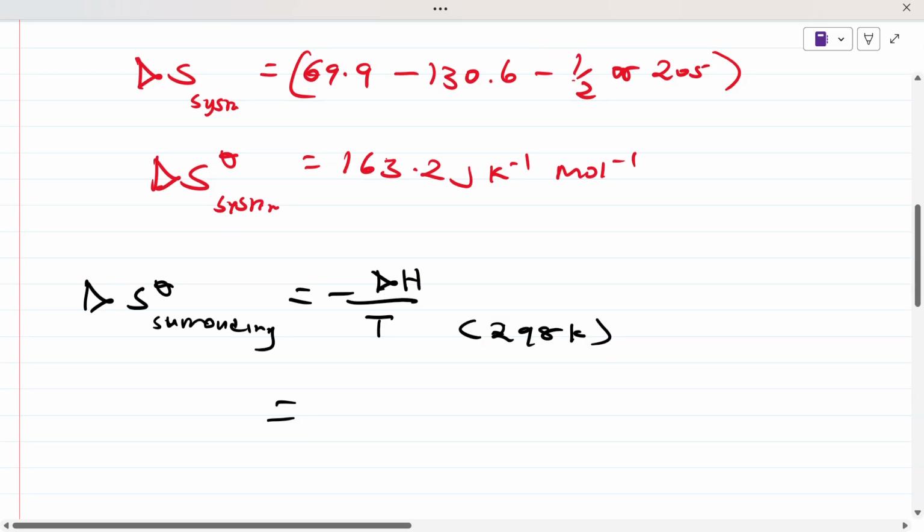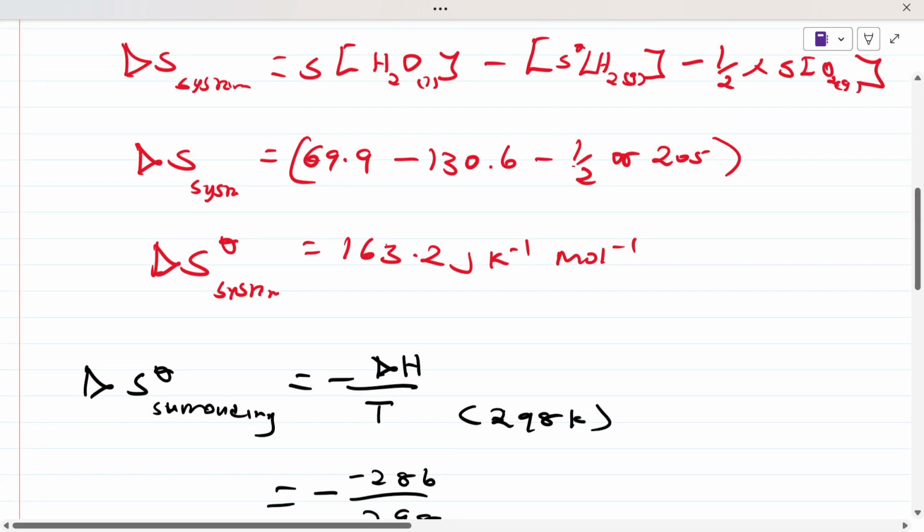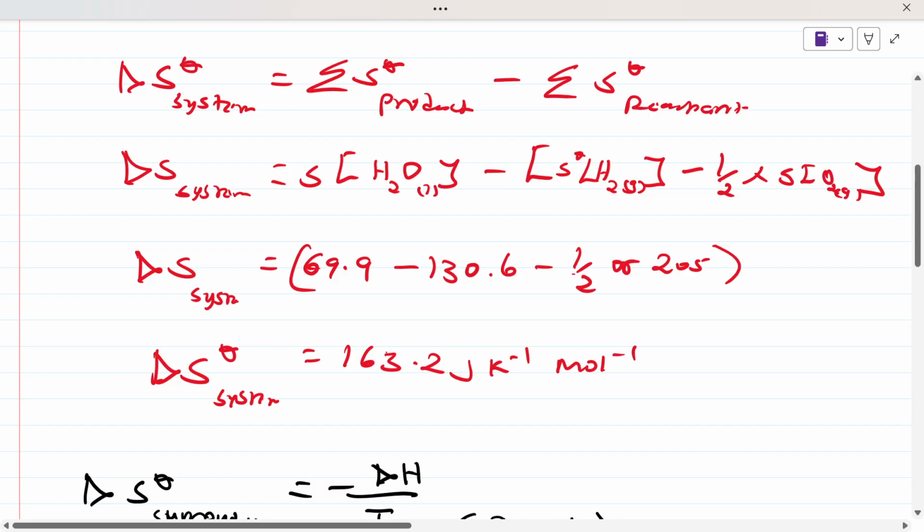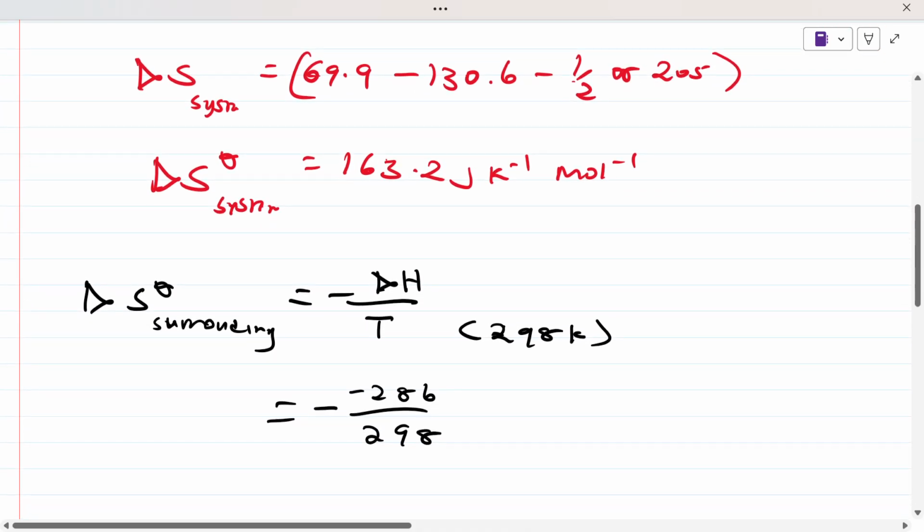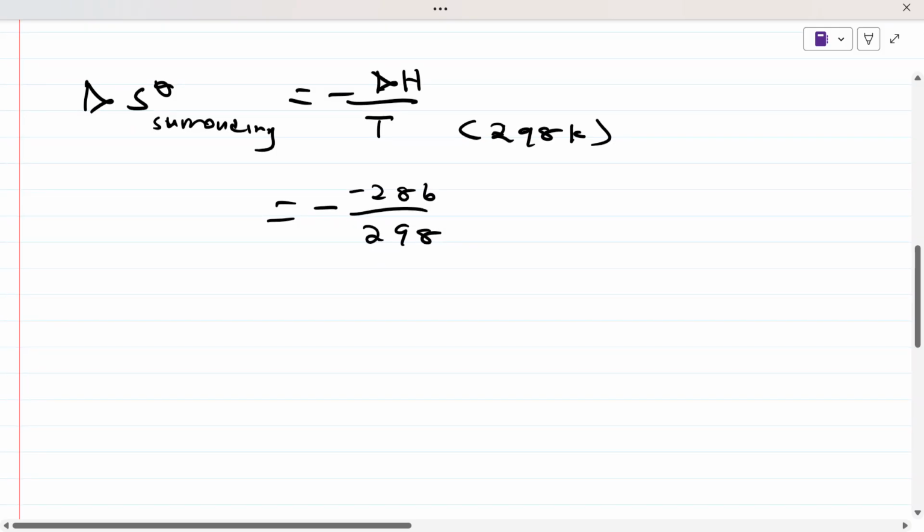So I'm going to have negative of negative 286 all over 298. If you do your calculation very well, you'll come up with a total.